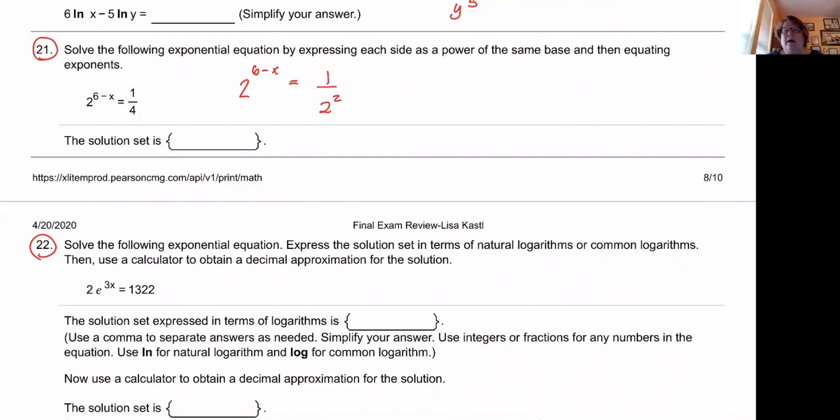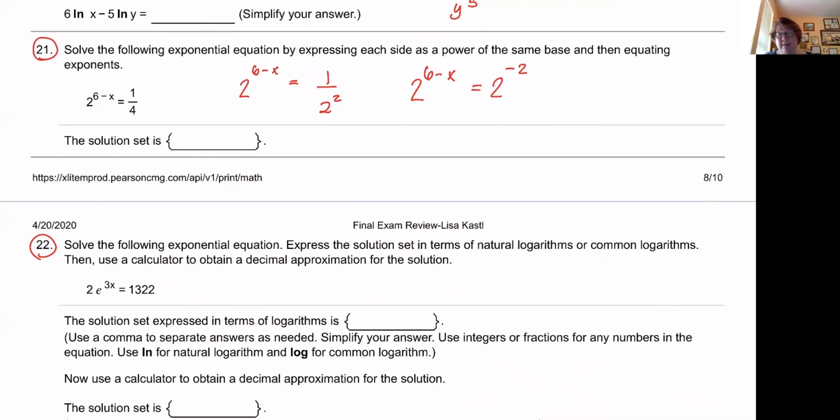But if I have an exponent in the denominator of a fraction, I can take that to the numerator by changing the sign of the exponent. That's one of your laws of exponents that you got in 8th grade, somewhere 9th grade, I don't know, a long time ago. So what we have is 2 to the 6 minus x is 2 to the minus 2.